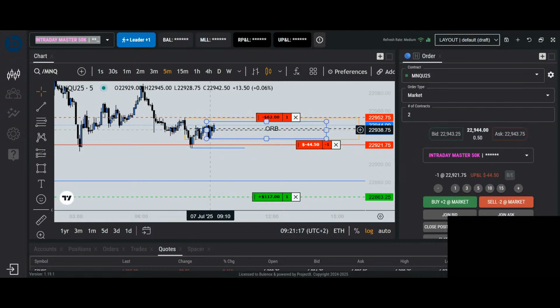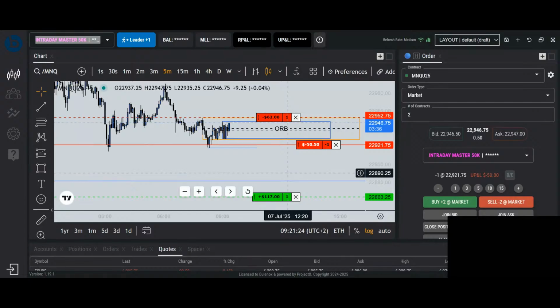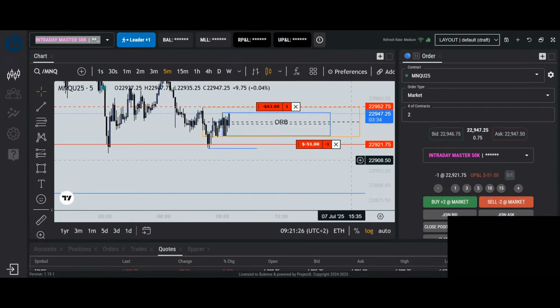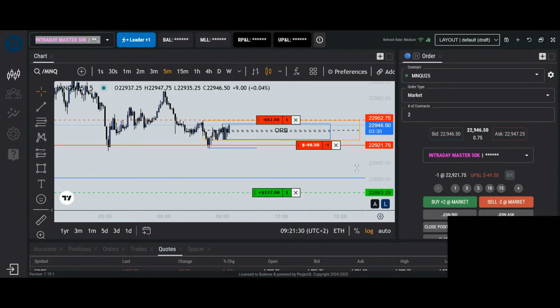If we do get stopped, I do prefer us to sweep the lows before we have a continuation up. If you're not in a trade, I would definitely not join it now. I would wait until we see a nice movement on one side or the other.